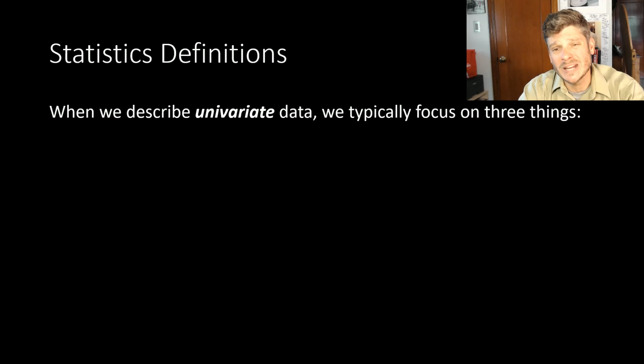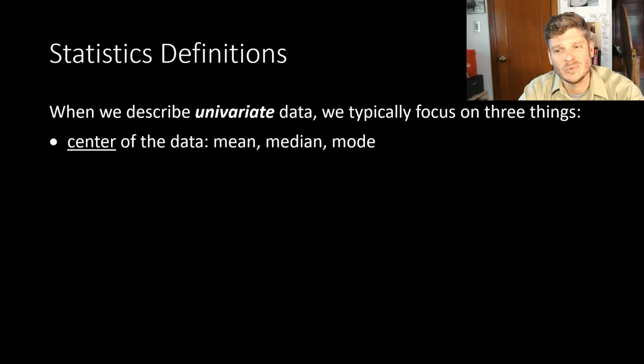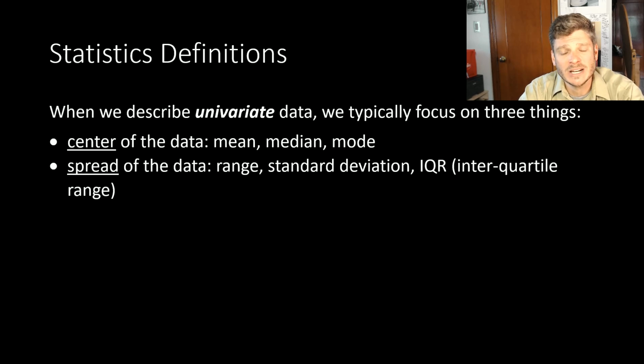So when we do analysis, if we're dealing with a univariate data set, which, remember, just means one variable, we want to focus on 3 things. First, the center of the data, which would be the mean, the median, the mode. Typically one or all of those things, or 2 of those things, we would look at. That's our center. What is the center point of our data? Then we also have the spread of our data, which is our range.